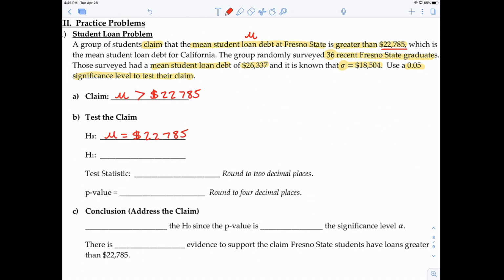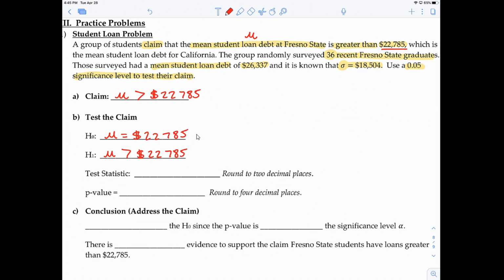And then the alternative says there is a difference. Because the claim states that the mean is greater than 22,785, that's what we're going to have for the alternative: mu is greater than 22,785. The null we always assume to be true.